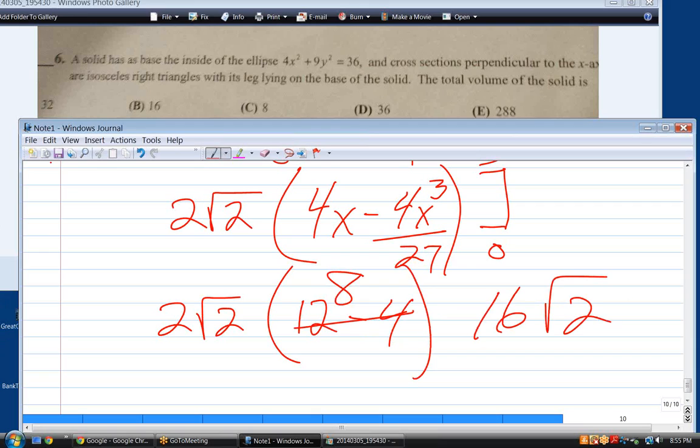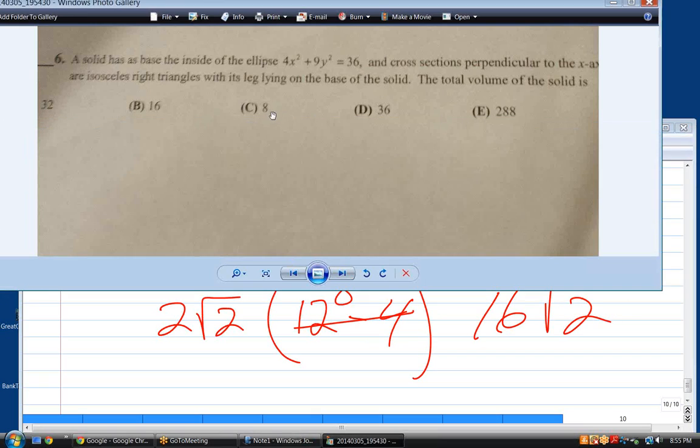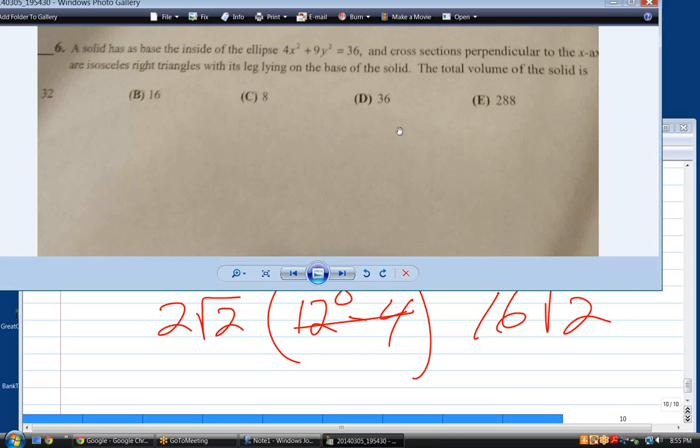I don't see anything that looks like that. There's 16.